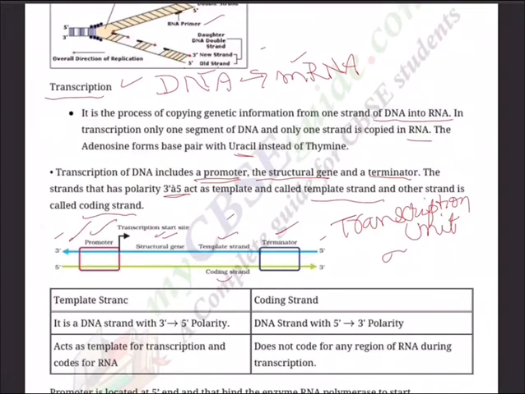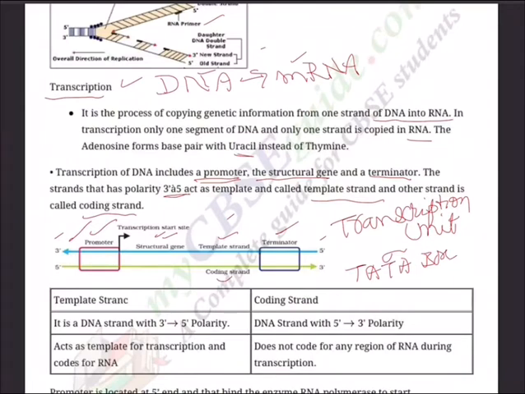Promoter has different parts for attachment to various transcription factors. In many cases, the promoter has an AT-rich region, and that AT-rich region is called the TATA box.